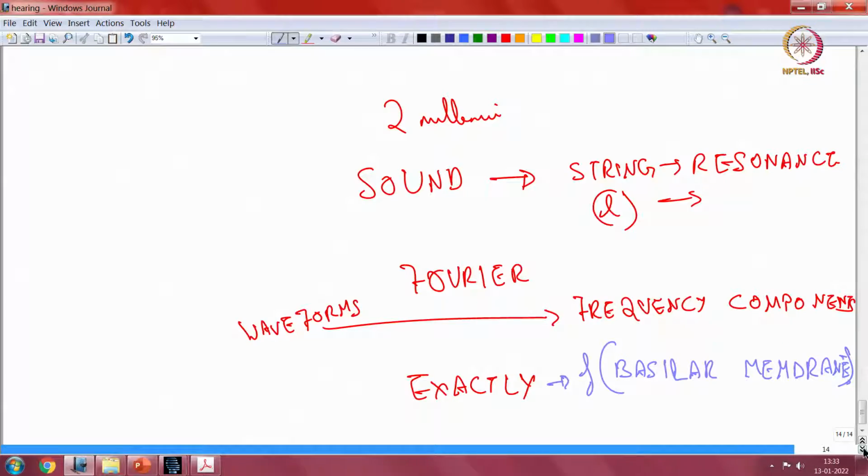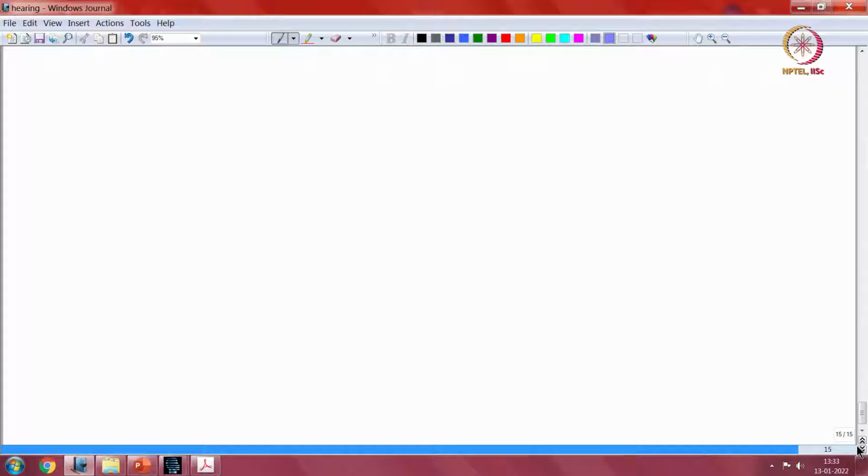We can go to the next part of the story where we see how this is further translated along the nervous system. But yes, the rest of the story is actually sort of simpler once this concept is understood, and we go back to the diagram of the hair cell.